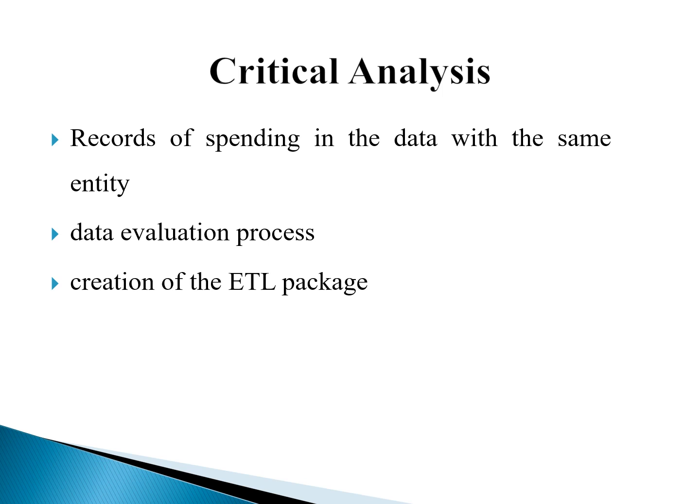Another is that there are many refunds in the spending. The refunds should be in different columns, which will help the evaluation process. If these problems are solved, then the data will be clean and easy to understand, and the creation of the ETL package will be easier. Some expense types, sub expense areas, and supplier names have a comma in their names, which makes the data connection process more difficult.